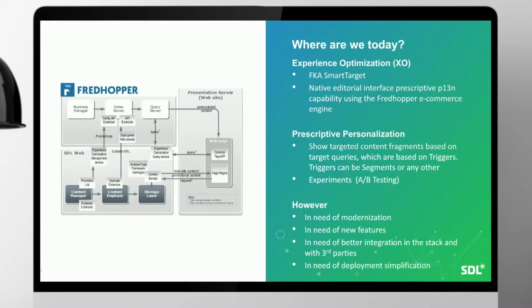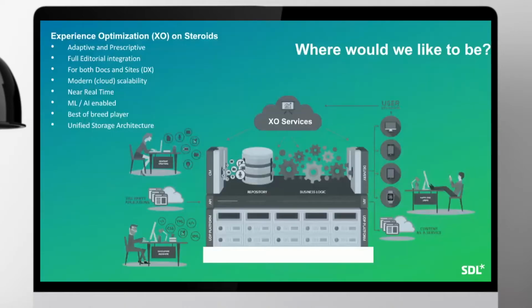So all of this is basically a baseline of having the aspiration to come towards a vision of where we would like to be. And I think where we are today is that we've set a new foundation for experience optimization, after which we can put it on steroids.